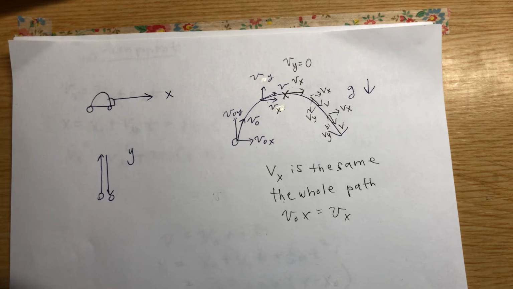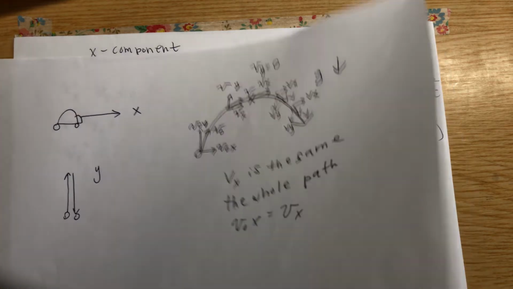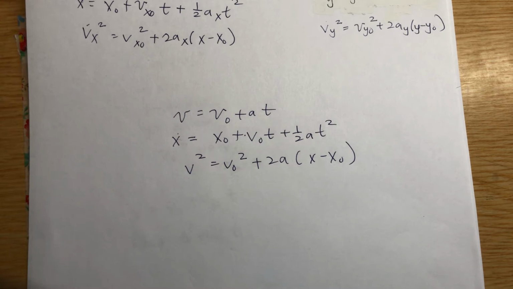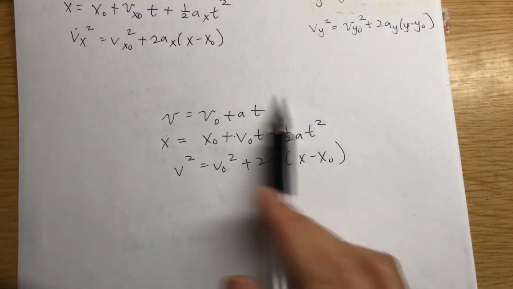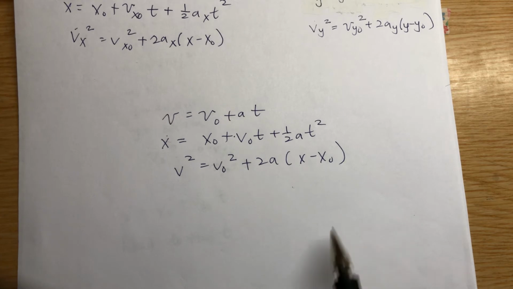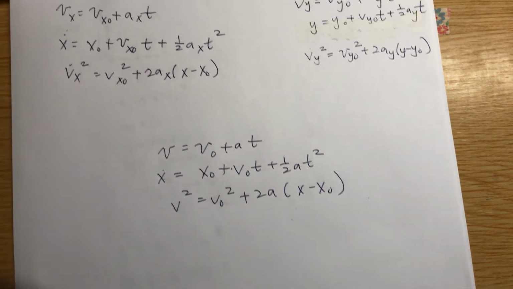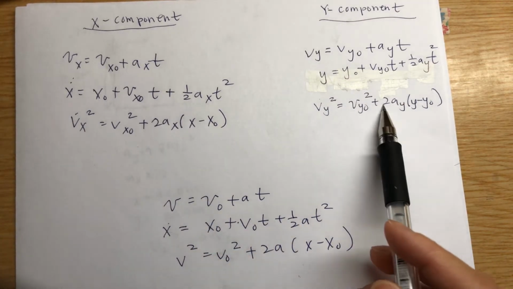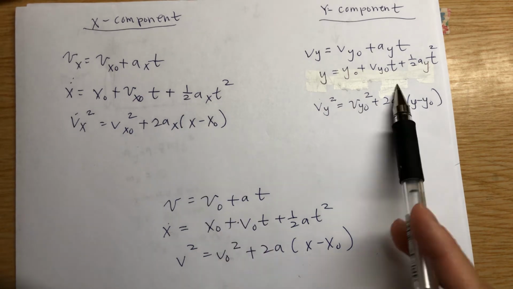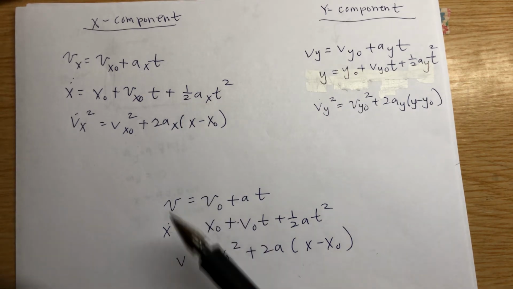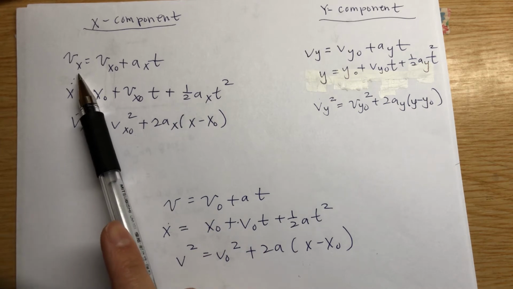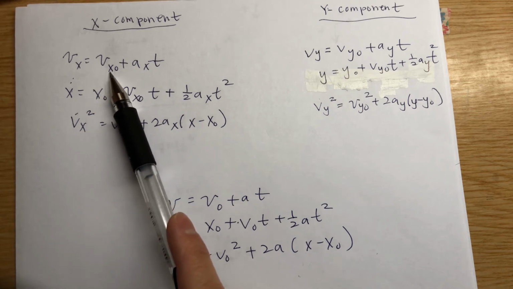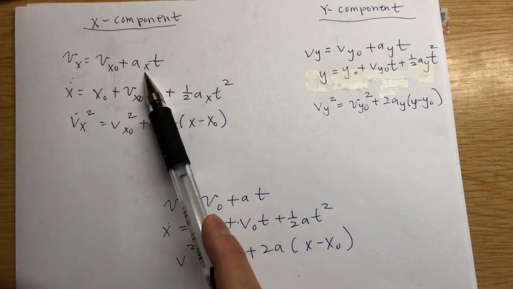Let's turn to slide 11. So you remember we have those same 5 equations. So you're going to use the same equations, but there's just going to be one for the x components and the y components, but they're the same equation. So here it's final velocity in the x direction equals initial velocity in the x direction plus acceleration in the x direction times t.